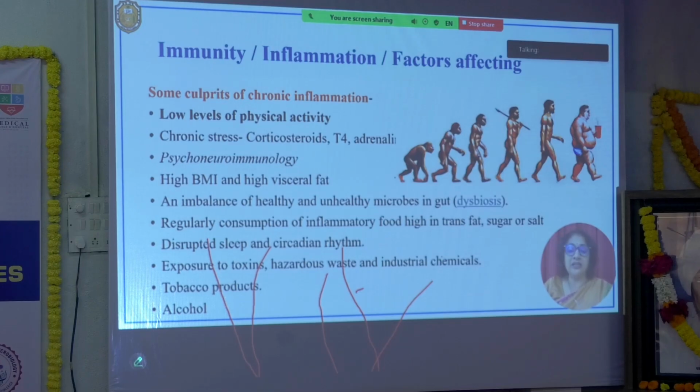The list is endless, and there are so many factors which really influence and modify our immune response. It is our duty to maintain our immune response strong and intact.